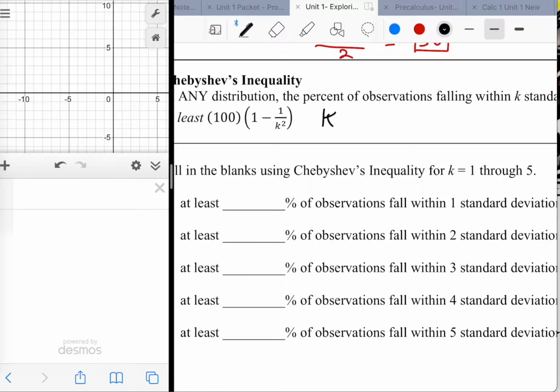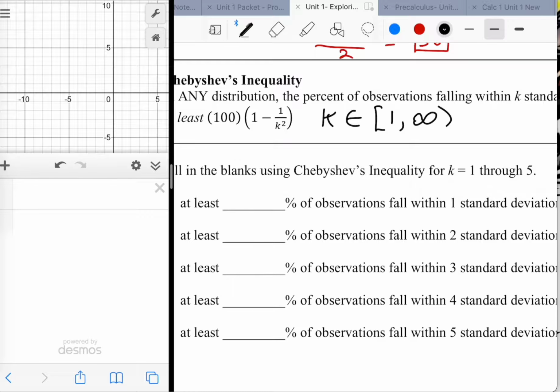So k is going to belong to the set from 1 to infinity, which really just means k belongs to the set, where, in interval notation.